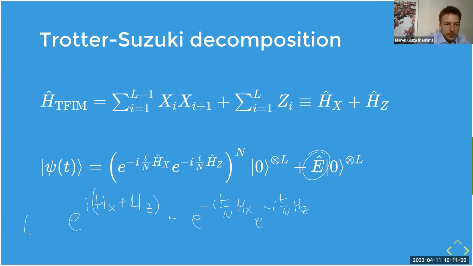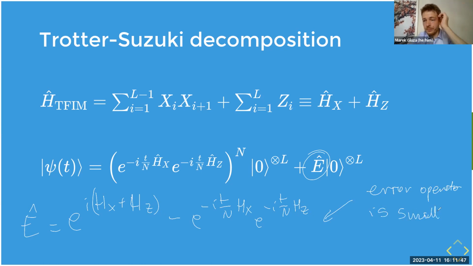Okay, this would be our E operator, just a difference. It's just by definition, nothing big. But what we will show is that this error operator is small.